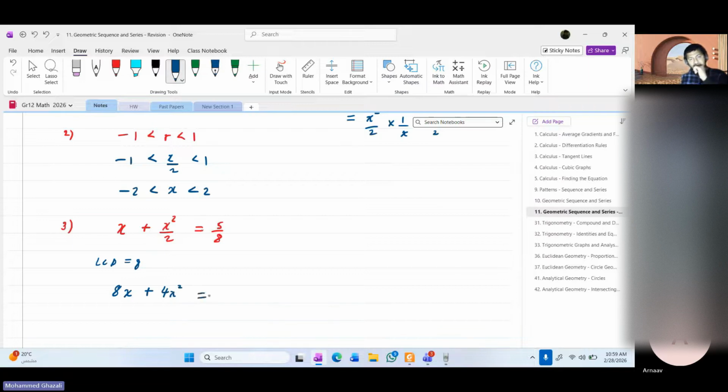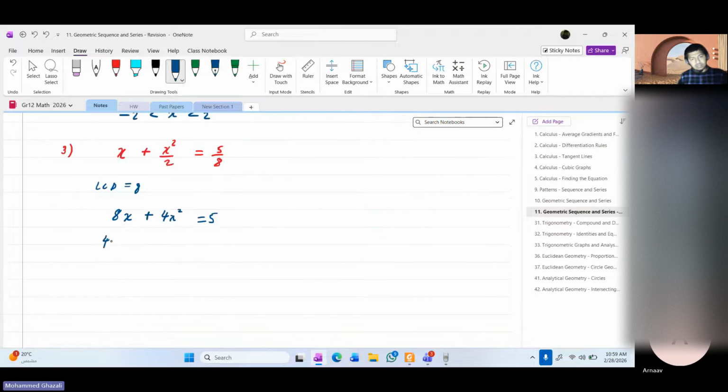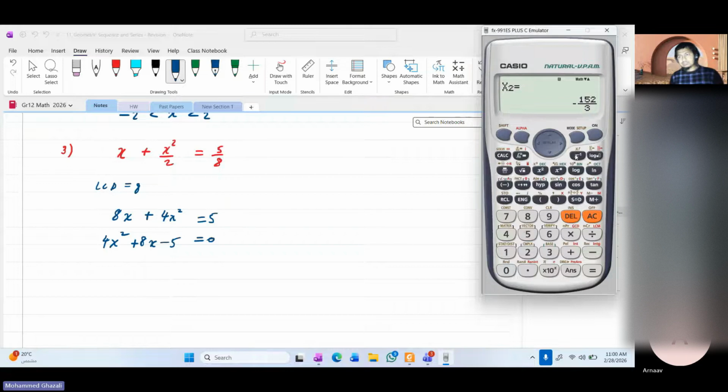And that's equal to 5. Make a quadratic and solve, right? So we're getting 4x squared plus 8x minus 5 is equal to 0. And now we can factor this out. Let's see. Mode 5, 3, 4, 8, and -5.